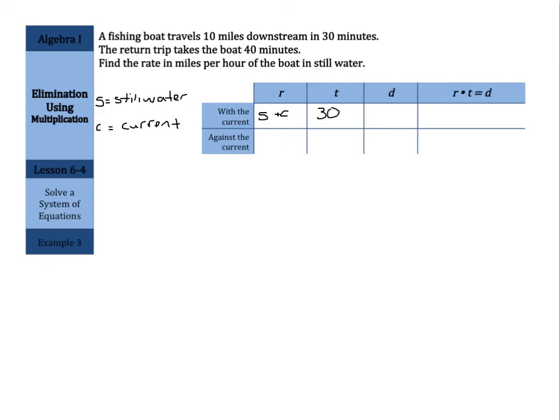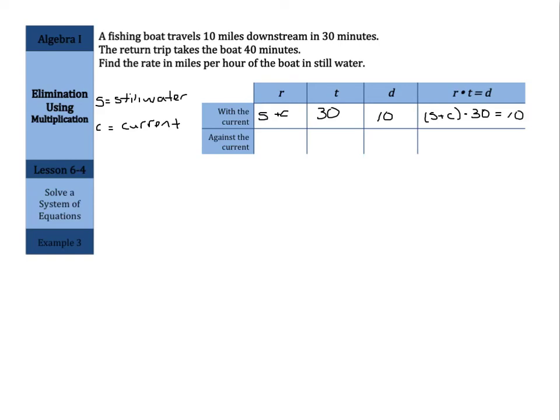My distance was 10 miles. Now, for rate times time equals distance, I just write my rate, in parentheses, s plus c, times my 30 is going to equal my distance of 10.